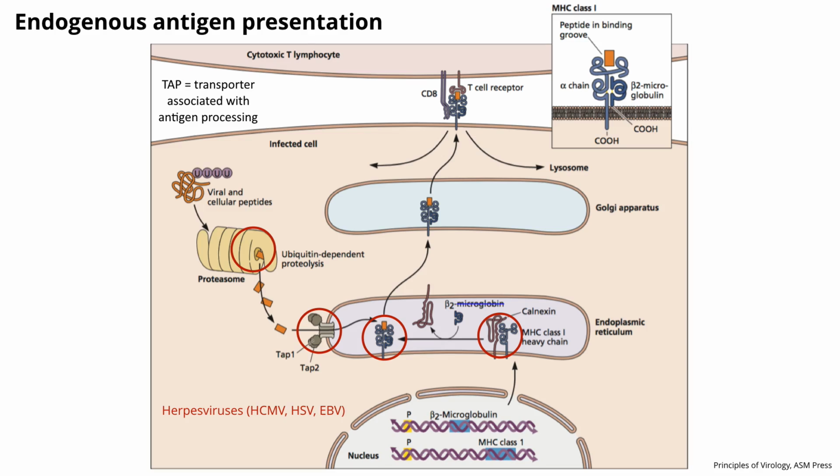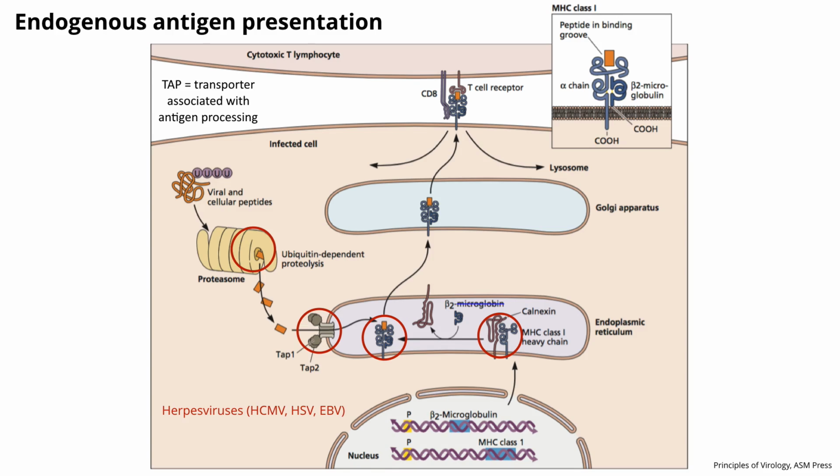So now we have this peptide displayed on class 1 on the surface, and these cells are constantly under surveillance by cytotoxic T lymphocytes. If this happens to be a virus-infected cell, on the top is our CTL. The CTL will recognize the peptide in the context of MHC1 by the T cell receptor, and that leads to lysis of the infected cell.